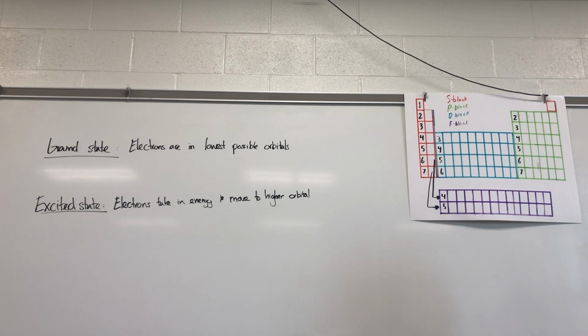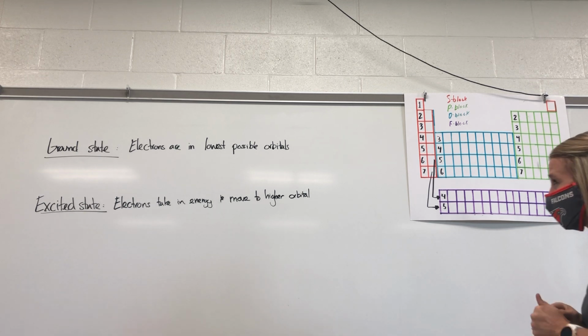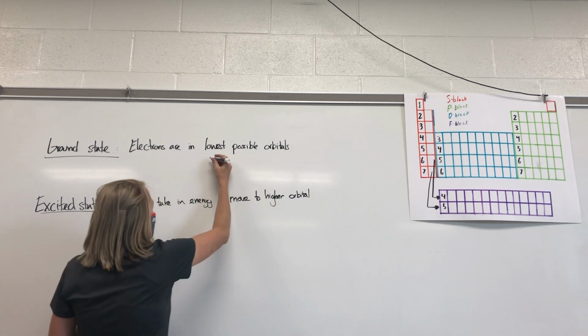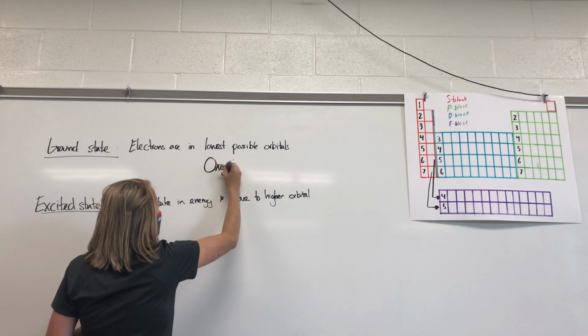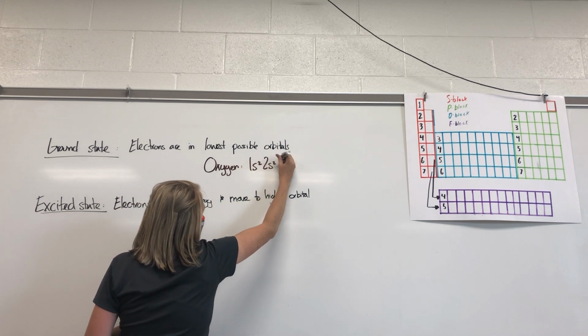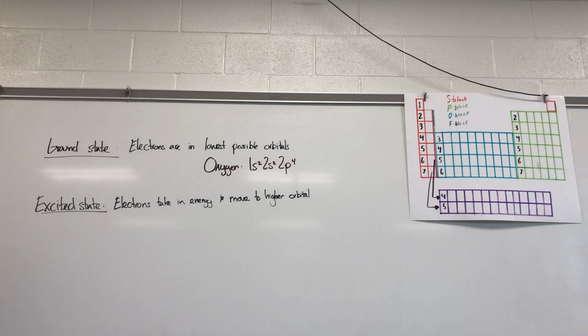That would be classified as an excited state. So we'll use oxygen as our example here. Oxygen's ground state is just going to be 1s2, 2s2, 2p4, just following the pattern for oxygen.